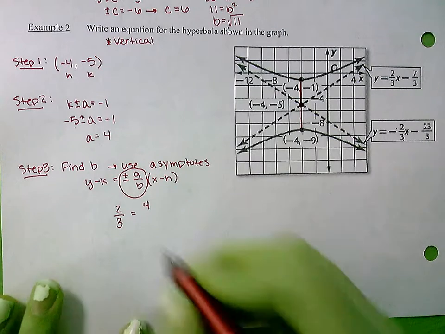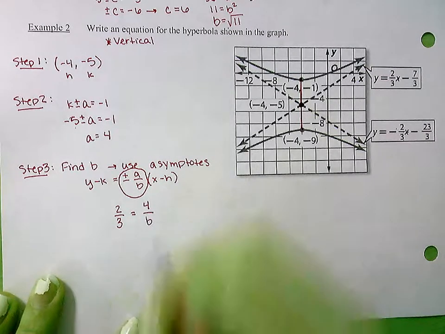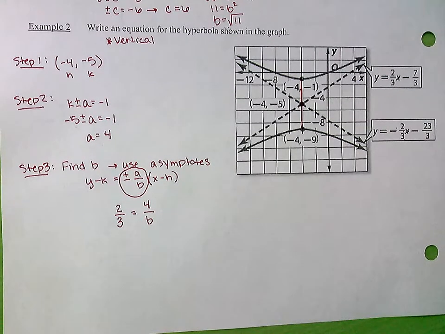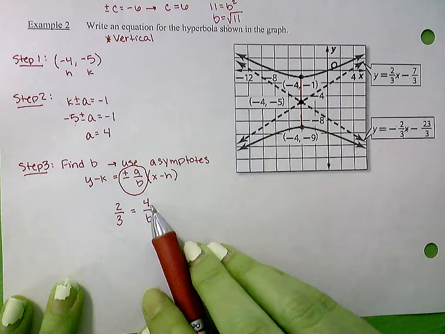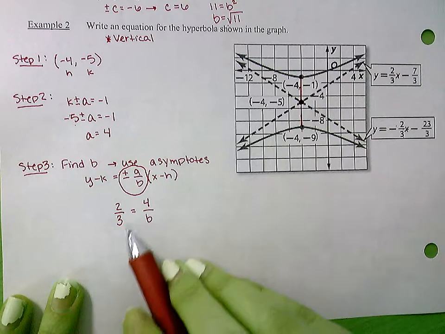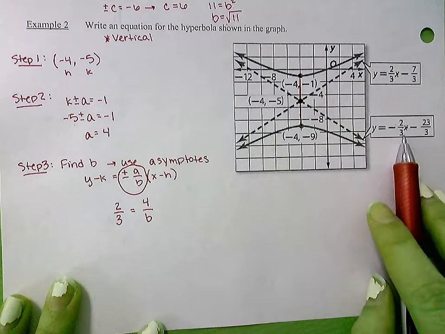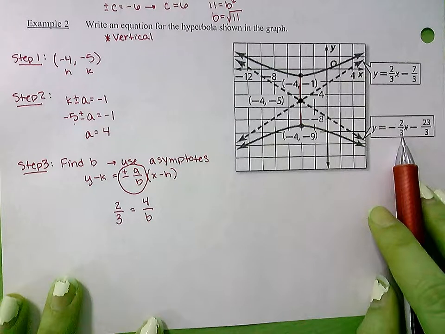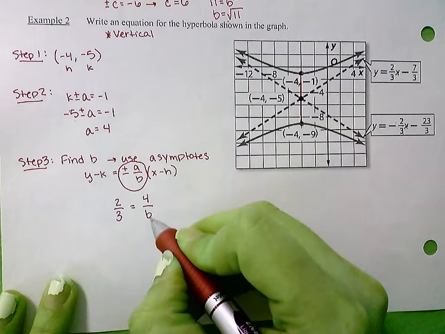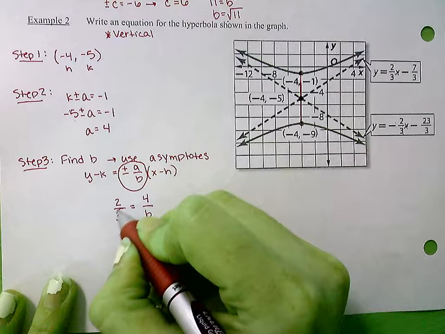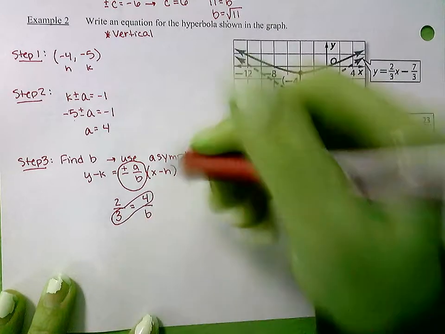I'm going to set this equal to 4 over b, because when you're writing an equation with a slope, you always reduce that fraction. So I want to unreduce that fraction in order to find b. So I'm plugging in my a value and comparing it to that slope they got for their asymptote. Does that make sense? Okay, so from here to solve for b, you can cross multiply.